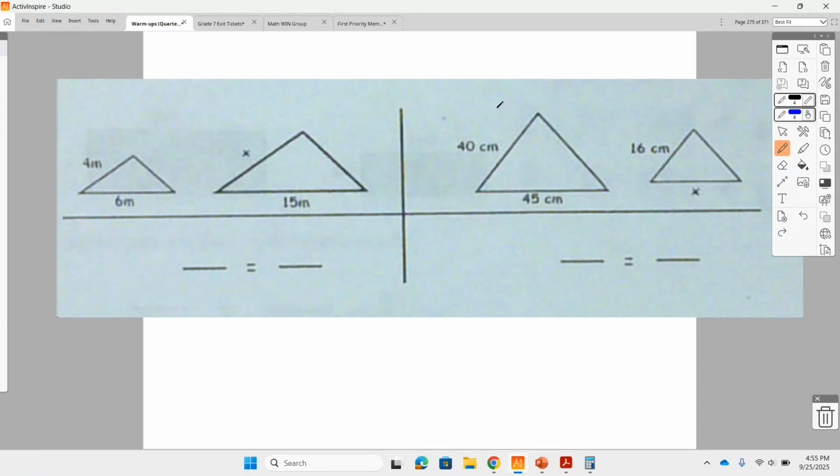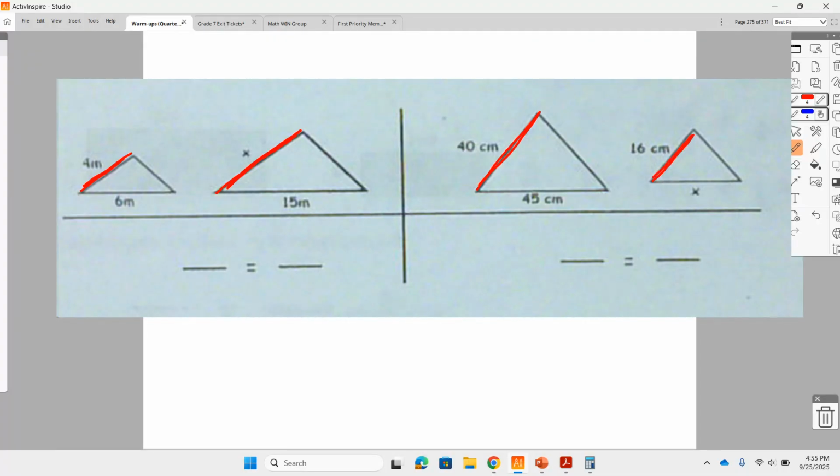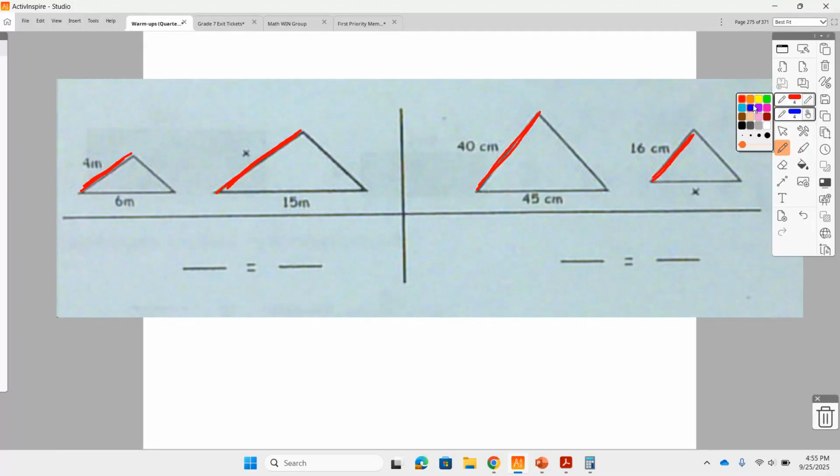You can see how the 4 and the X are corresponding or matching. Just like on this one, the 40 and the 16 are matching. Now we can do the same thing for the 6 and the 15 and the 45 and the X.